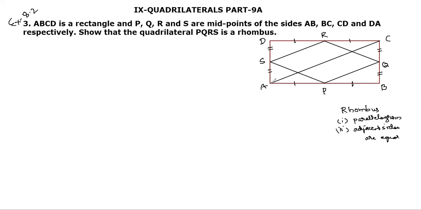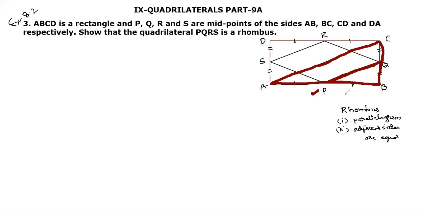In this triangle, this line is joining the midpoints, because P is the midpoint of AB and Q is the midpoint of BC. When the line joins the midpoints, it is parallel to the third side and equal to half of it.